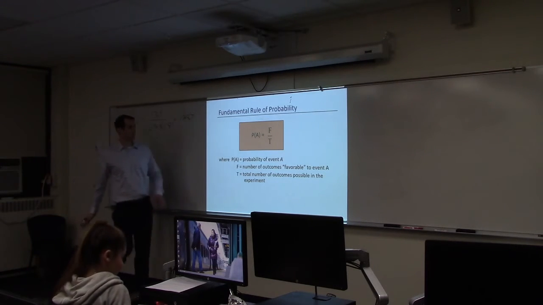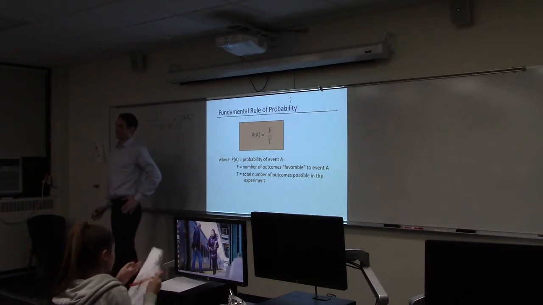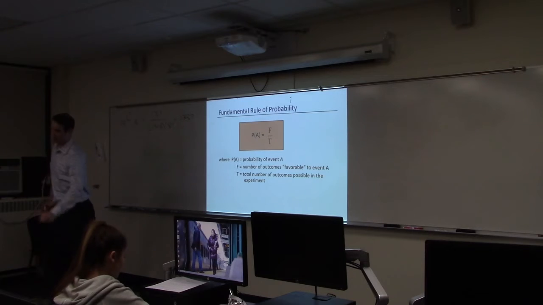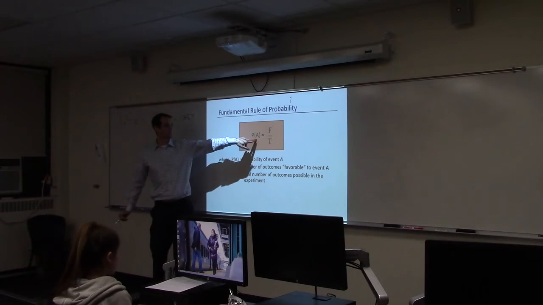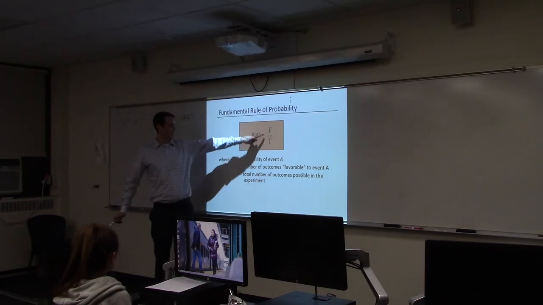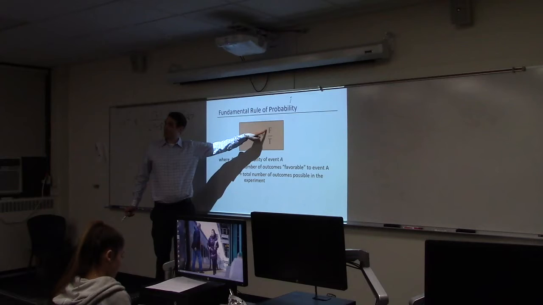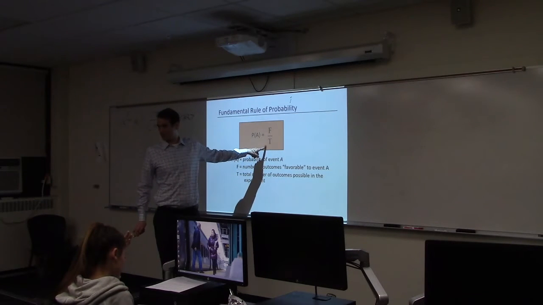All right. The probability of some event happening, say rolling a 4 on a 6-sided die. The probability of rolling a 4 equals the number of outcomes that are favorable to that happening divided by the total number of possible outcomes.